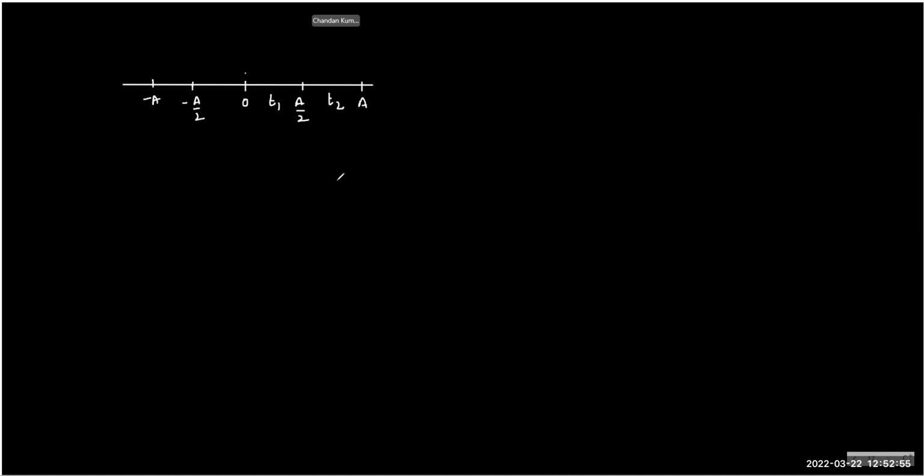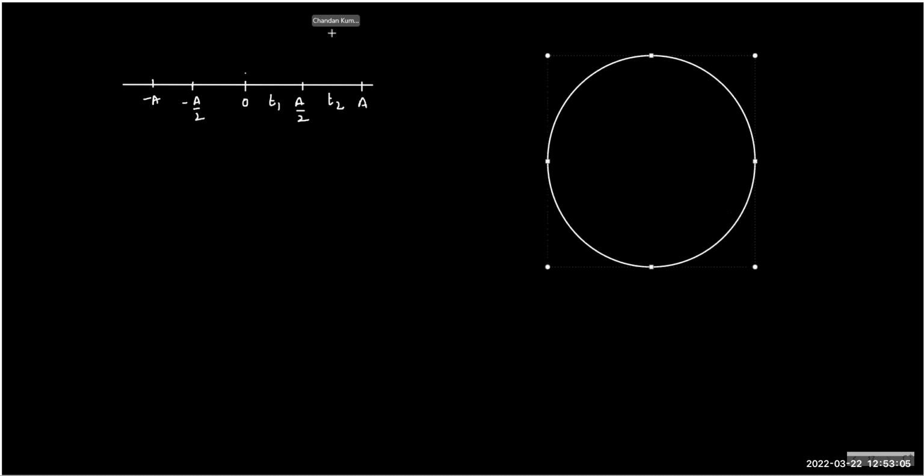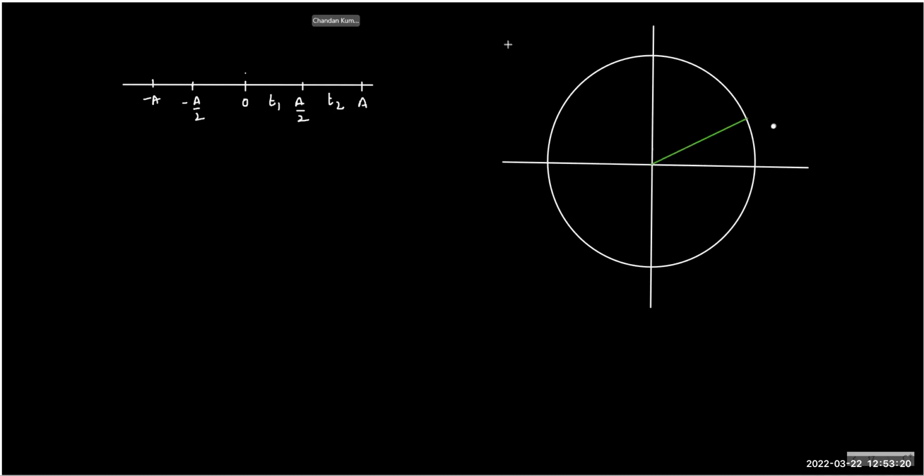So now there are various things that we can do in terms of writing the initial phase. There are some rules for writing the phi. So a person at t equals 0 may be here, maybe here, maybe in the third quadrant, maybe in the fourth quadrant.